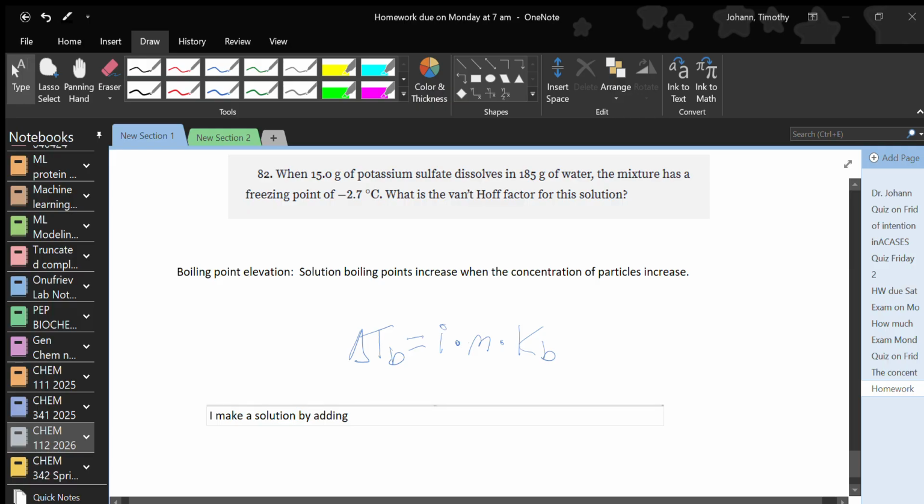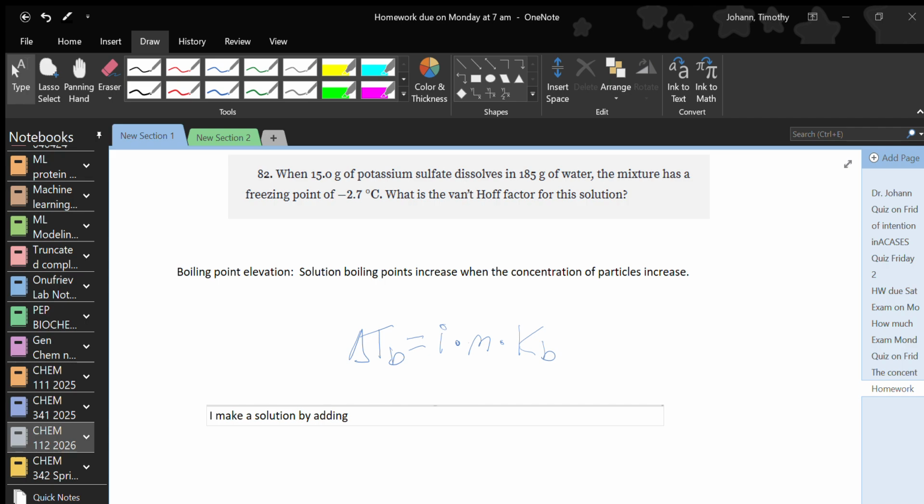Let's add a lot. Let's add 501 grams of sodium chloride to, let's make sure we really have a change, 0.805 kilograms of water, it'll save us that conversion.